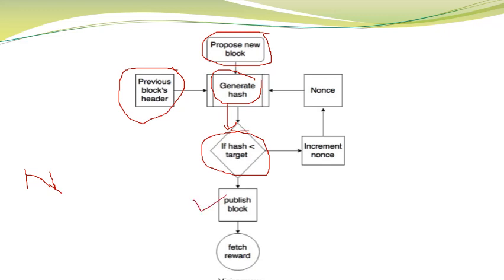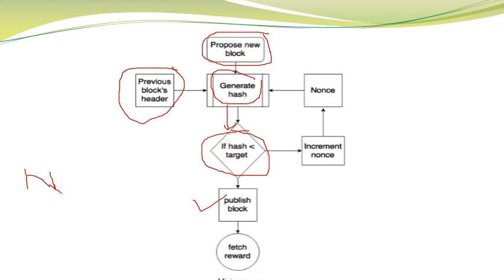It will broadcast the block in the network, and if the other nodes accept the block, the miner will get the reward for adding the block in the blockchain network.